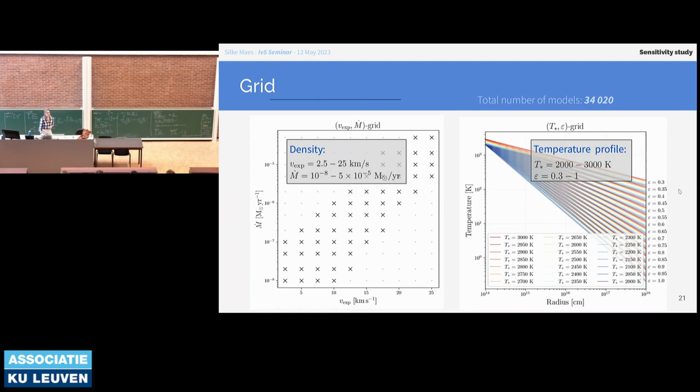To lift the degeneracy when showing my models in the rest of my presentation, I used a color code which just gives this reference temperature that I indicated here in pink. As you will see later, red color will mean it's not a very steep profile, so the outflow stays quite warm. And when I go to the blue, the outflow will cool down much harder throughout the outflow.